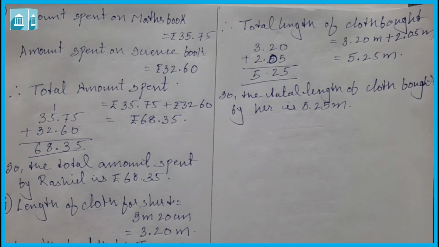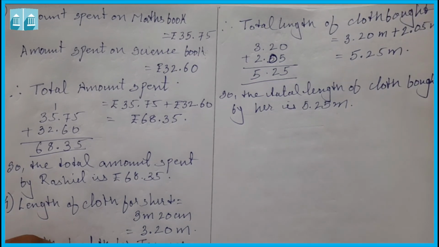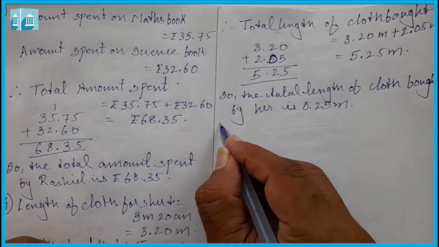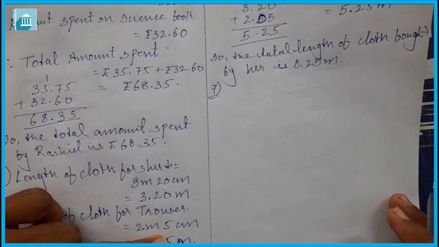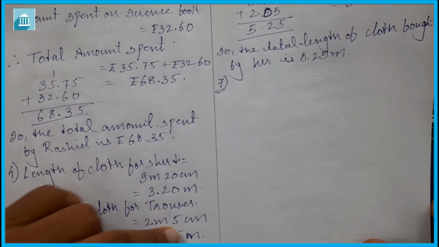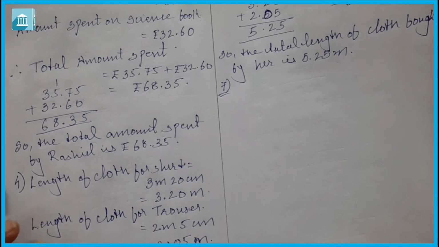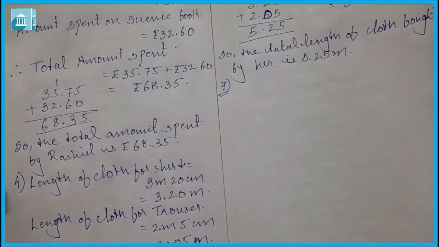Now let us see the last question, that is question number 7. In question number 7 it is given that Ravi purchased 5 kg and 400 gram of rice, 2 kg and 20 gram of sugar, 10 kg and 850 gram of flour. Find the total weight of his purchase.